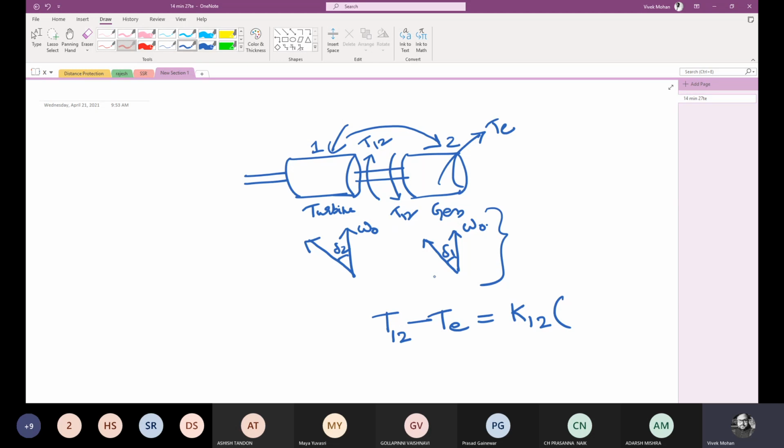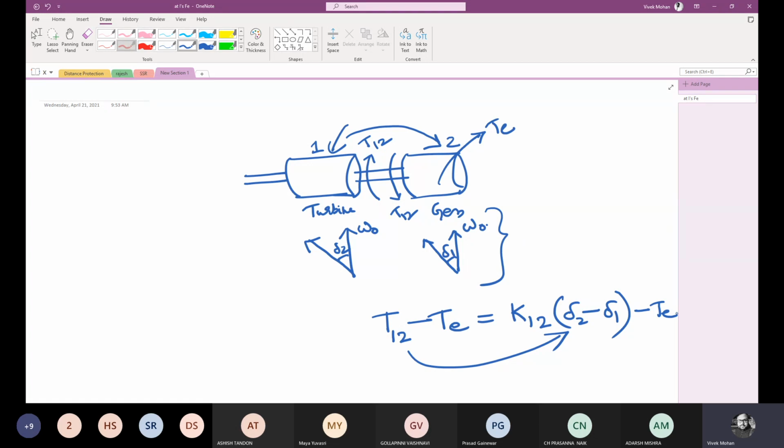It was theta, but here the angular difference is delta: del 2 minus del 1. Now this is T12, and then we have to write minus TE. So this is the accelerating torque equation.